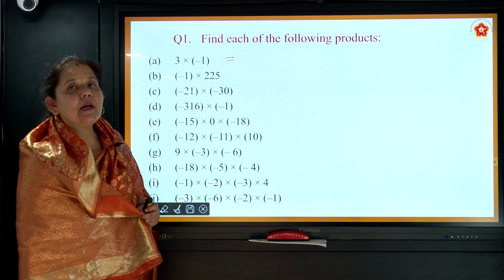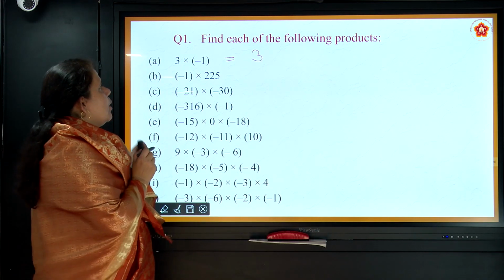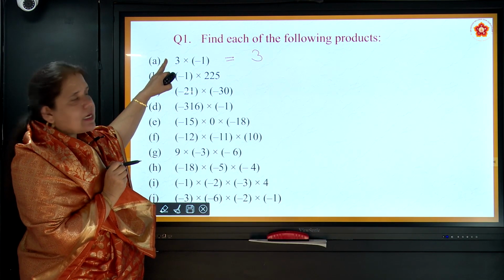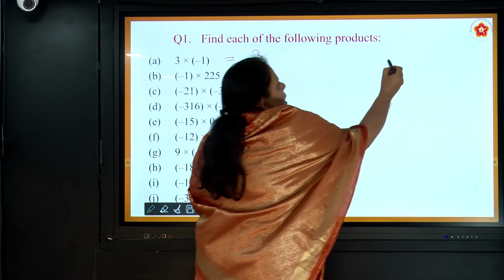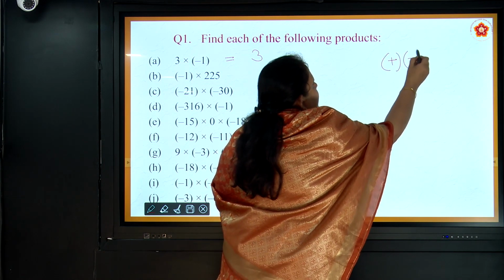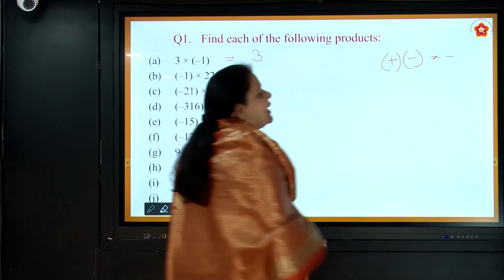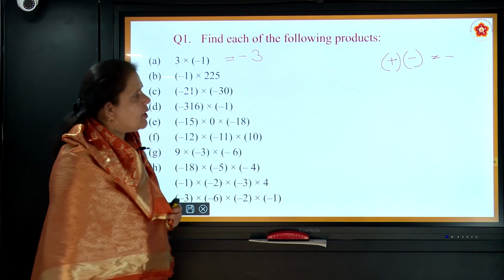What is 3 multiplied by 1? 3 multiplied by 1 is 3. Before 3, there is plus sign. Before 1, there is minus sign. If there is 1 plus and 1 minus, when we multiply them, the answer will be negative. So, answer here is minus 3.